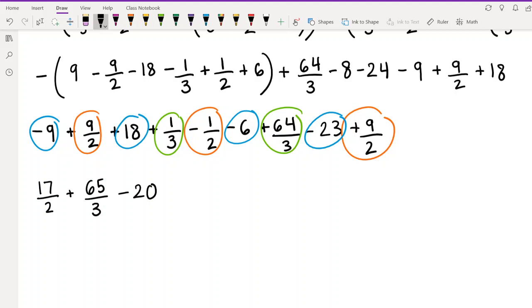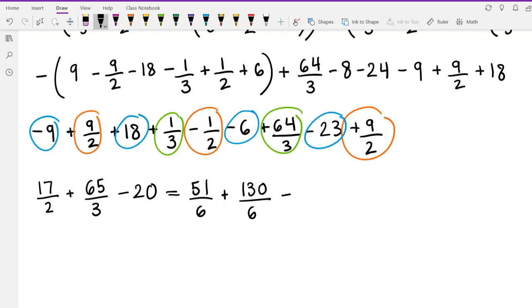So altogether, we want to make a common denominator here. So we want to make a denominator of 6, right? That would be our least common denominator here. So we need to do 17 times 3 to get that common denominator. So that's 51 over 6 plus, and then we do 65 times 2. So that's going to be 130 over 6.